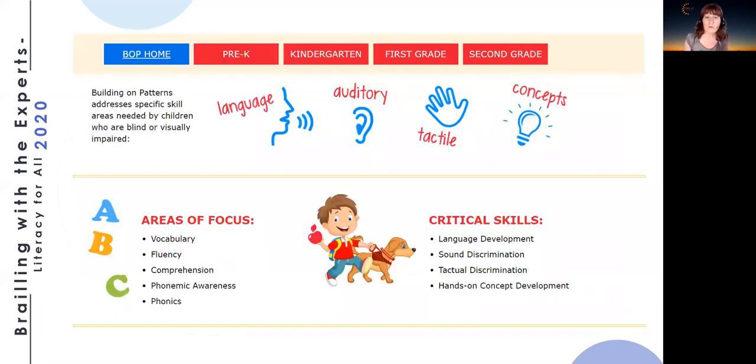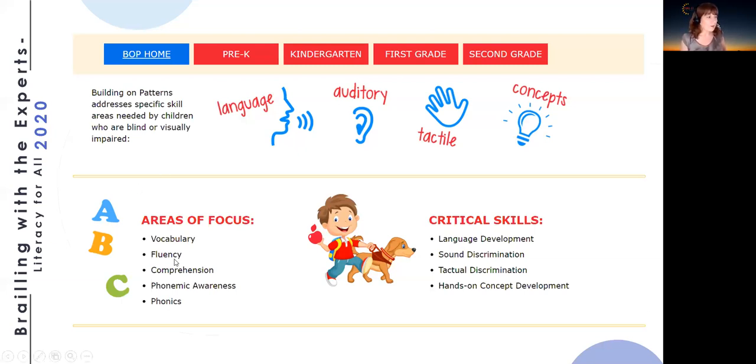They do have a really nice website that is fairly new that they developed to go along with it. It has the homepage. It delves into pre-K, kindergarten, first and second grade. The Building on Patterns series really addresses specific skill areas, both in language, auditory, and tactile, and really builds a foundation of those basic concepts that students need.